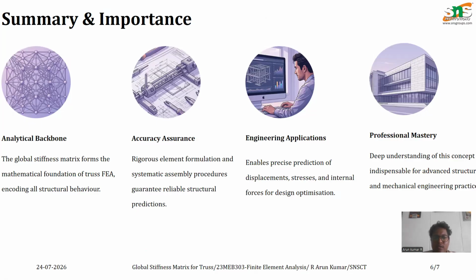For accuracy assurance, rigorous element formulations and systematic assembly procedures guarantee reliable structural predictions. For engineering applications, they enable precise prediction of displacements, stresses and internal forces for design optimization. Professional mastery: a deep understanding of this concept is indispensable for advanced structural and mathematical practice.